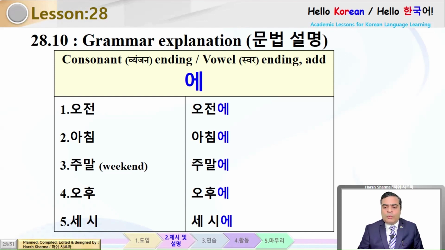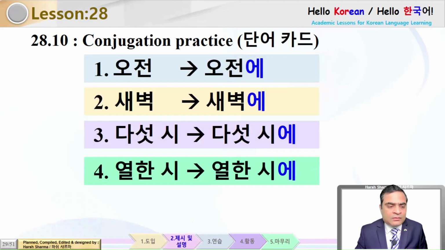Number 4, ohu, there is no pachim, still we are adding A. Number 5, sesi, no pachim, we are adding A. So in brief, there is pachim, there is no pachim, just simply add A in both cases. So grammar conjugation is clear, 여러분. How to add A with the time nouns, all these 5 are the time nouns. 네, 잘했어요.